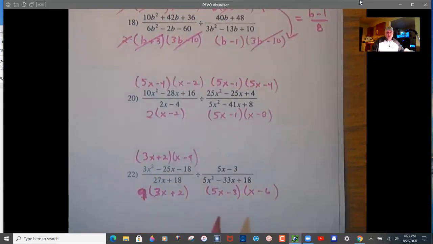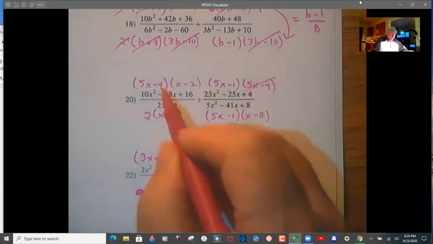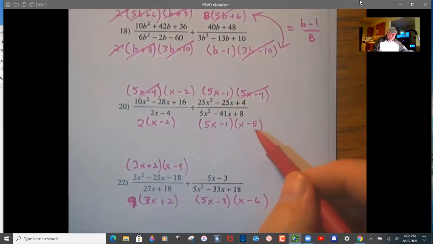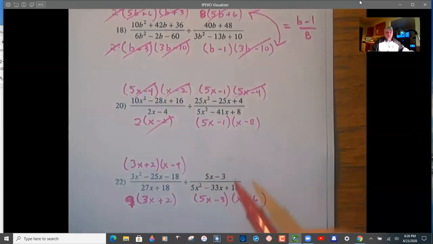Okay, same thing here on 20. Just imagine inverting these two. So those would go. You can do these because these don't get inverted over here.